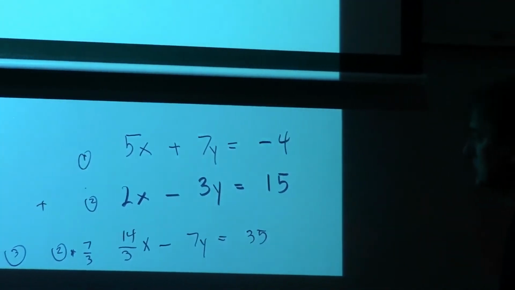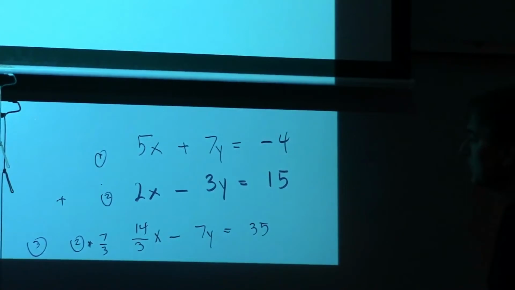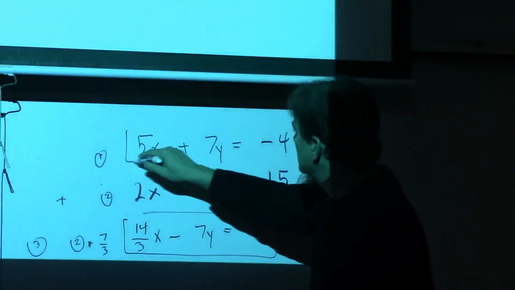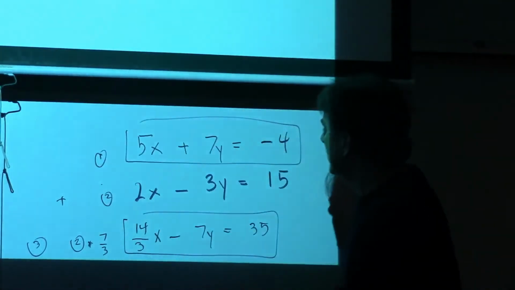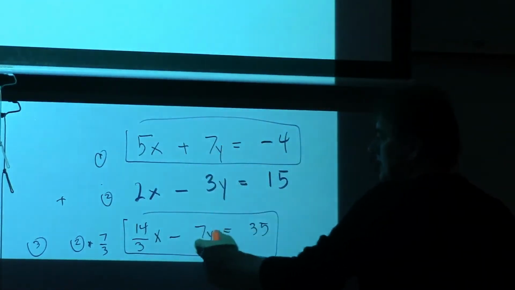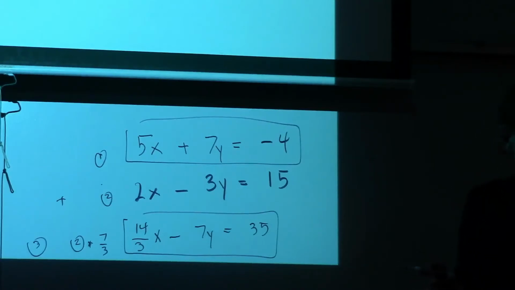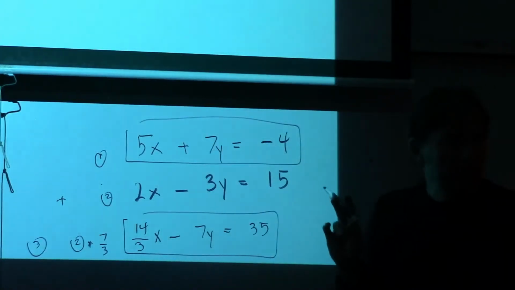So what we want to do is solve the equations, and we notice that if we look at equation number 3 and equation number 1, we have 7y and negative 7y, and now if I add those together, I'm going to get a cancellation of the y's.